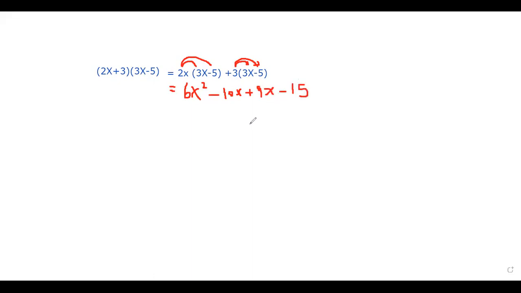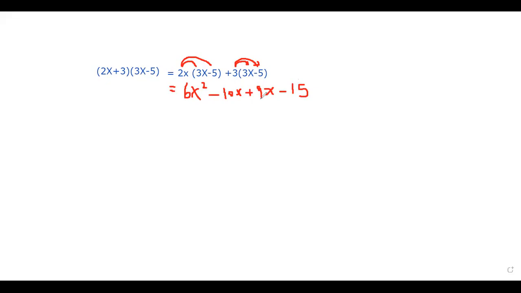Can't we just multiply 2x times 3x and 3 times negative 5?